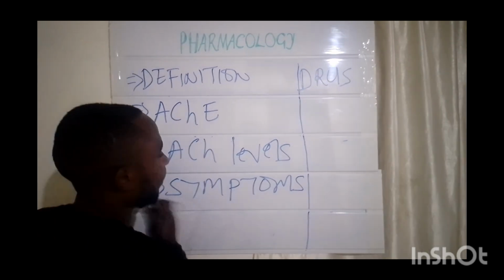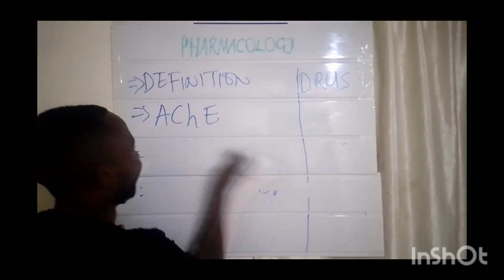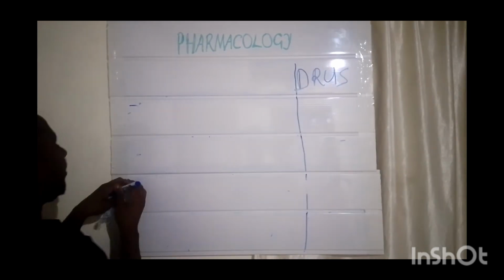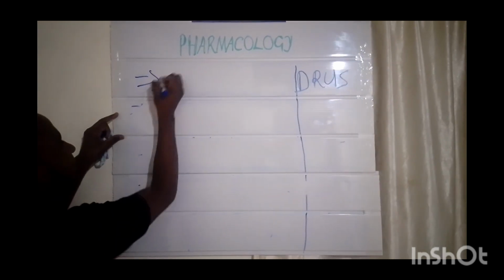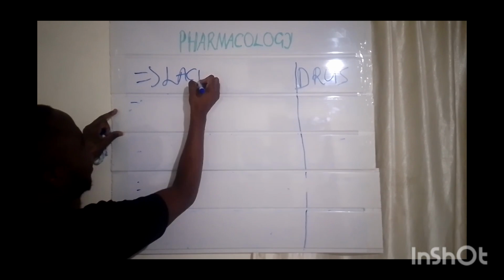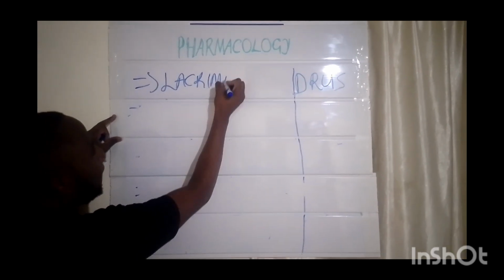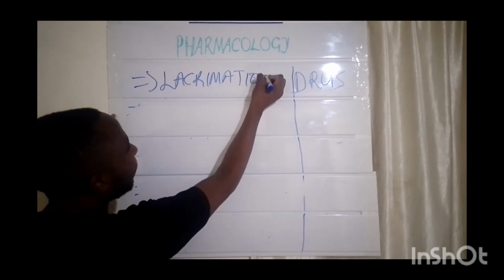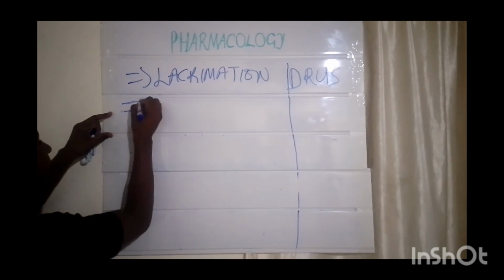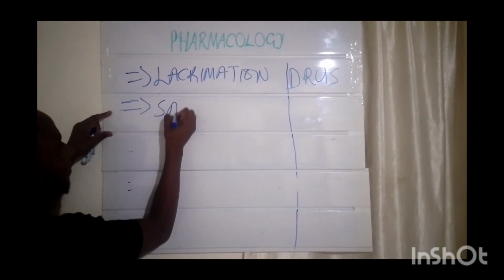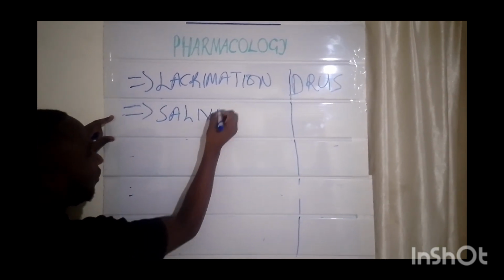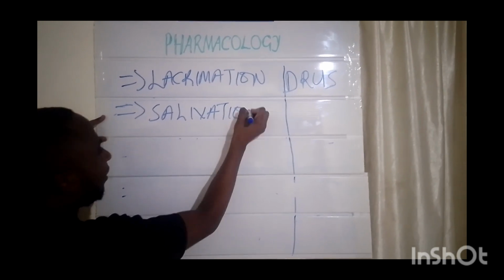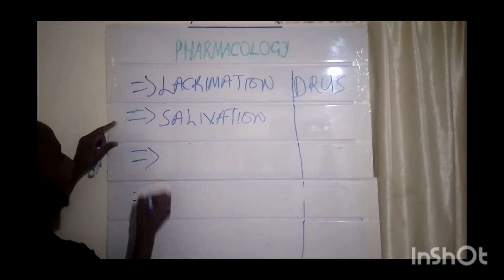So maybe I can just write them down. On the symptoms, I talked about increased lacrimation, producing too much tears, and increased salivation due to acetylcholine levels. What else do you have?